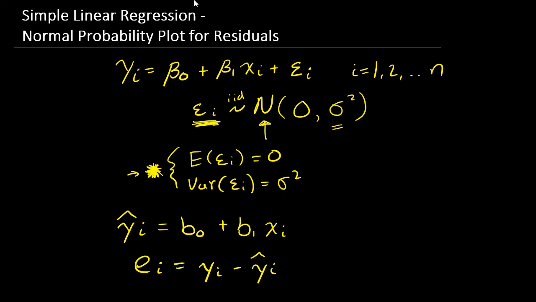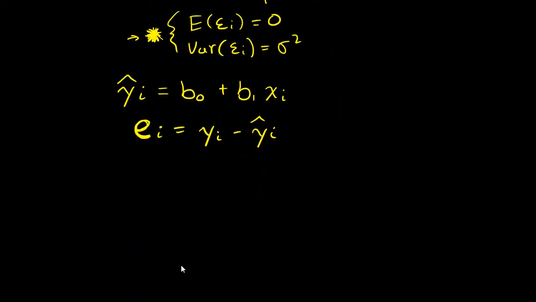These residuals are like an estimate of that model error, epsilon. So if epsilon is normally distributed, then these residuals, we hope, are also normally distributed. The very first thing we could do is draw a histogram of those residuals.